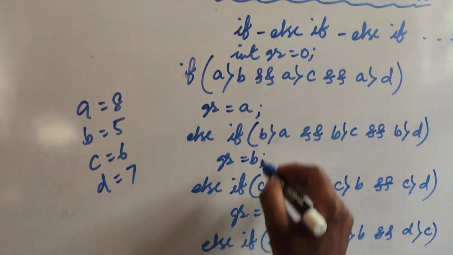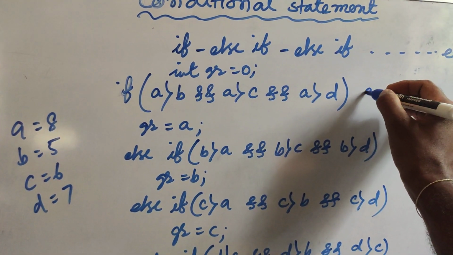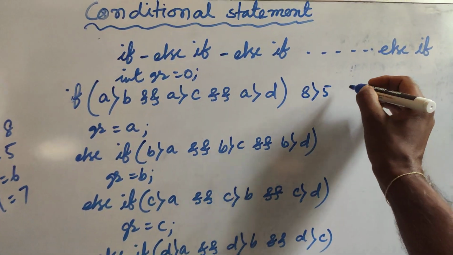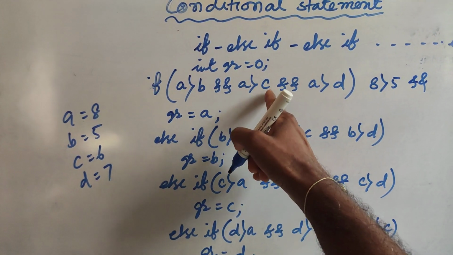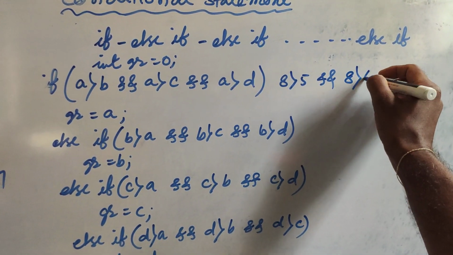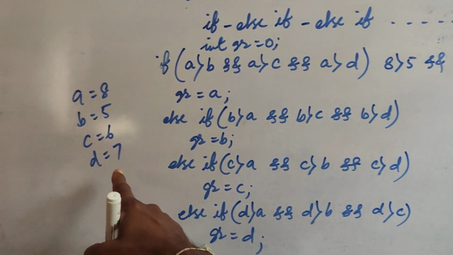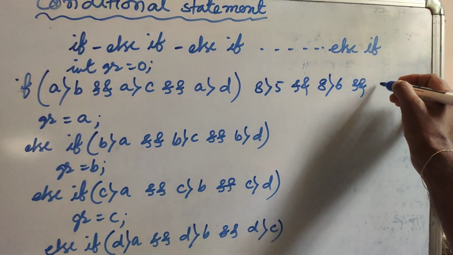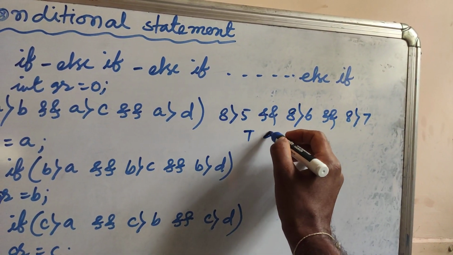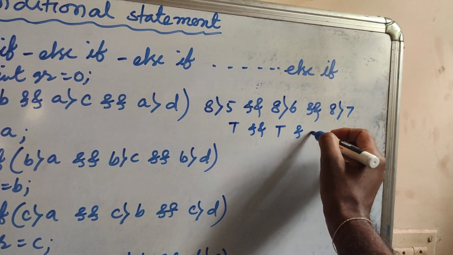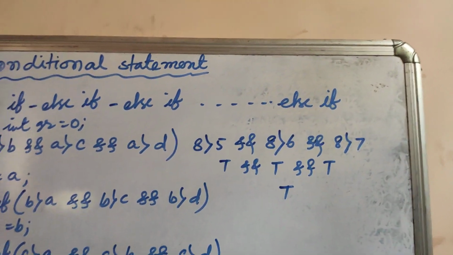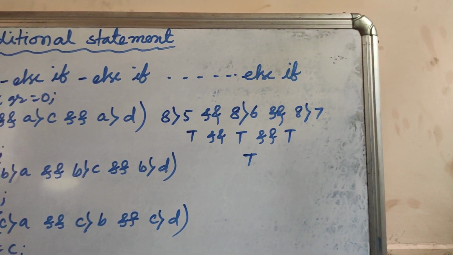So first, 8 greater than 5, and a greater than c, 8 greater than 6, and d 7, 8 greater than 7. See here, 8 greater than 5 true, and true, and true. So all true means true. Yes, true.